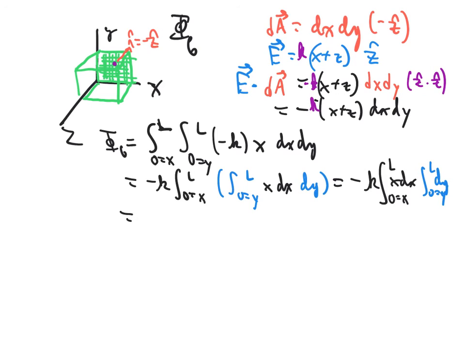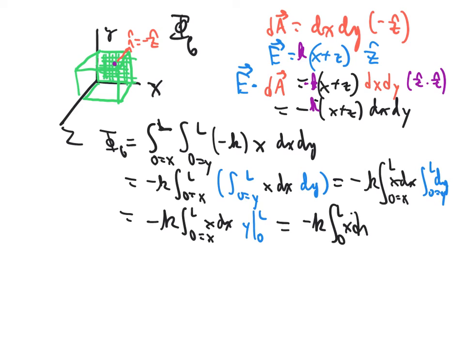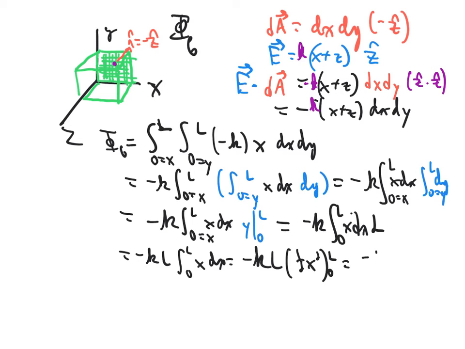So we end up with minus k integral of x dx times y evaluated from 0 to L, which is minus kL integral from 0 to L of x dx, which is minus kL times 1/2 x squared evaluated from 0 to L, which is minus 1/2 kL cubed.